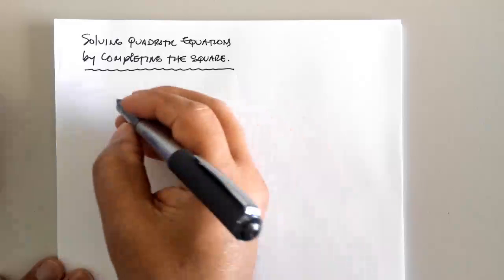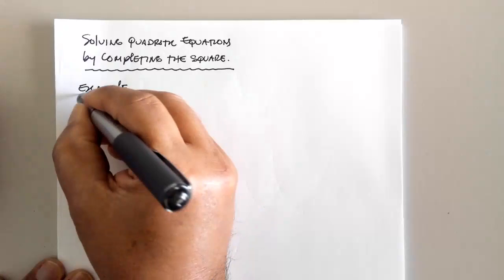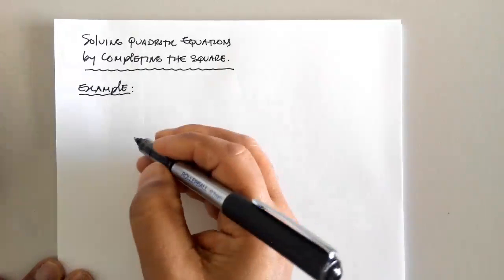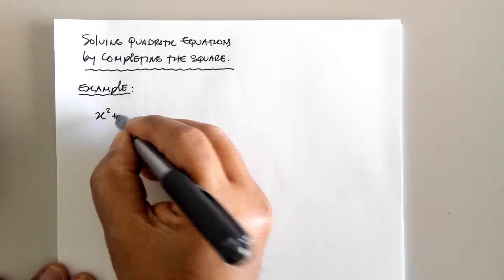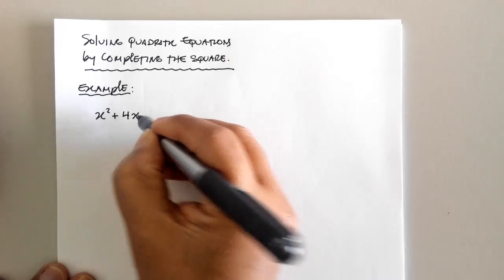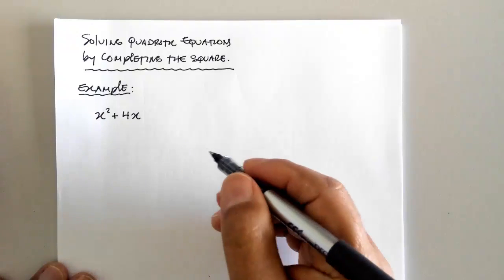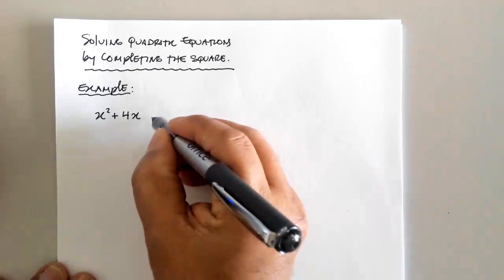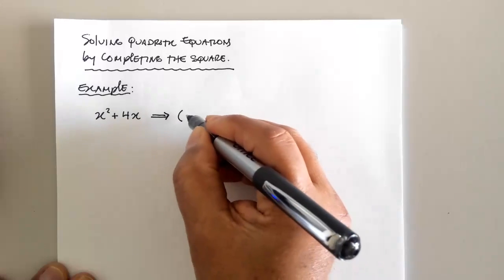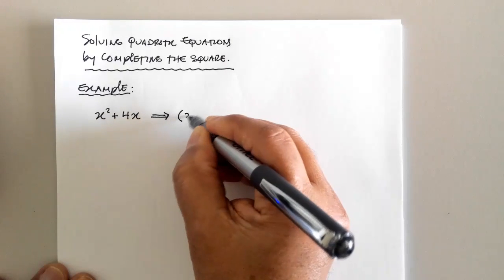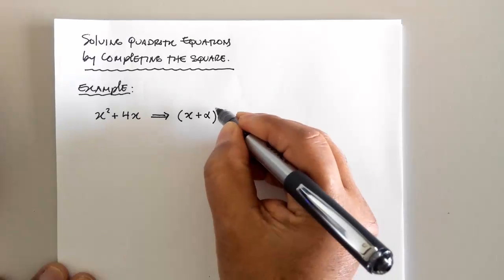Let's say that you have, so I'll say example. Let's say that you have x squared plus 4x. I really want to have something like x plus something and then a square.